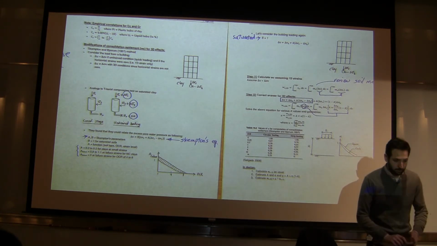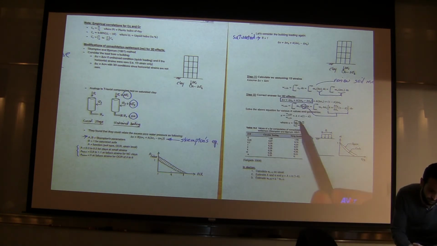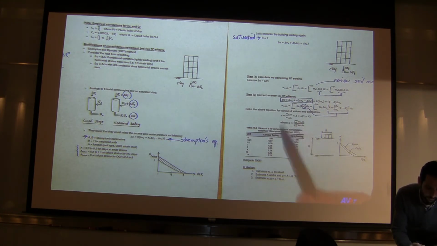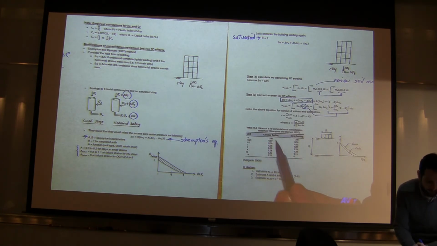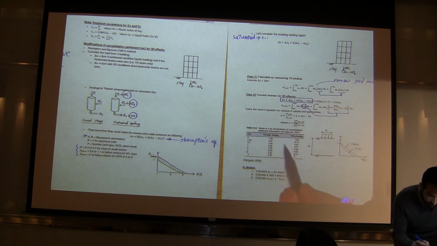Okay? So how do I calculate that value? It's a function of A, which is the Skempton A, and alpha. And alpha is this, but it's difficult to calculate, so people simplified it for us. For different H over D values, and whether you're a circular footing or a strip footing, alpha is given.